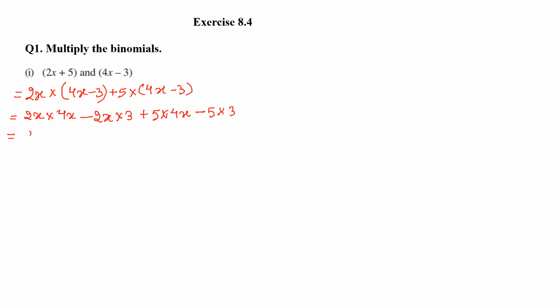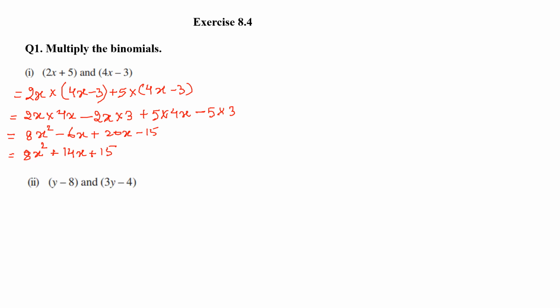Then 2 into 4 is 8x square, minus 6x, plus 20x, minus 15. Then it will be 8x square, and 20 minus 6 will give me plus 14x, minus 15. So this is the first answer.